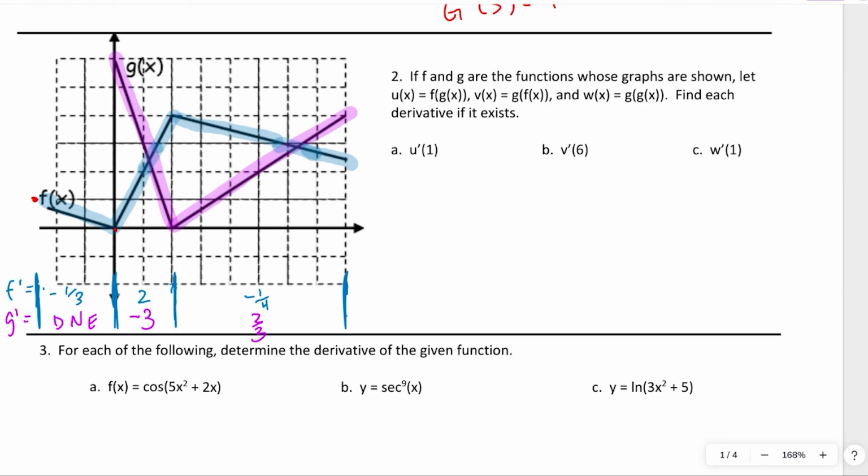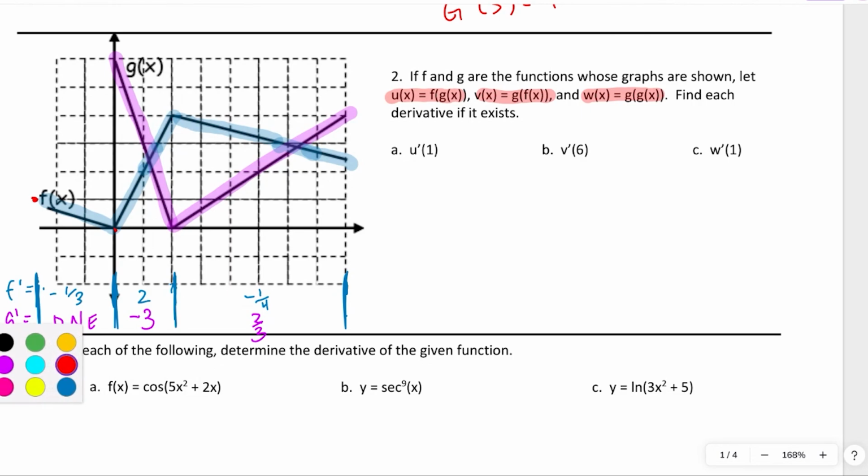All right, so let's see what we got over here. If f and g are functions whose graphs are shown, let u be f of g, v be g of f, and w be g of g. First we want to find u prime of 1, so the derivative of u when x is 1.